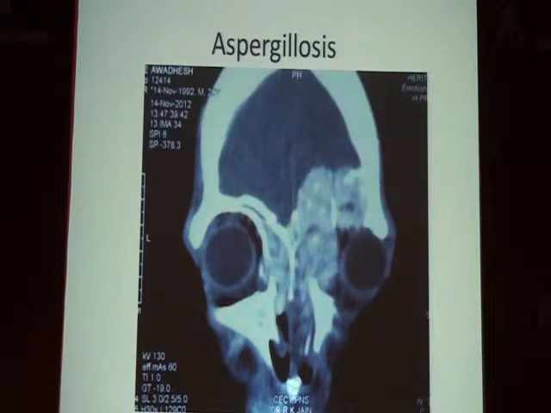Aspergillosis is an invasive fungal condition. Again, many of these patients present with a subacute course and a mass, and many times CT and MRI is done in these cases. Of course, the final diagnosis in these cases rests on histopathologic findings.